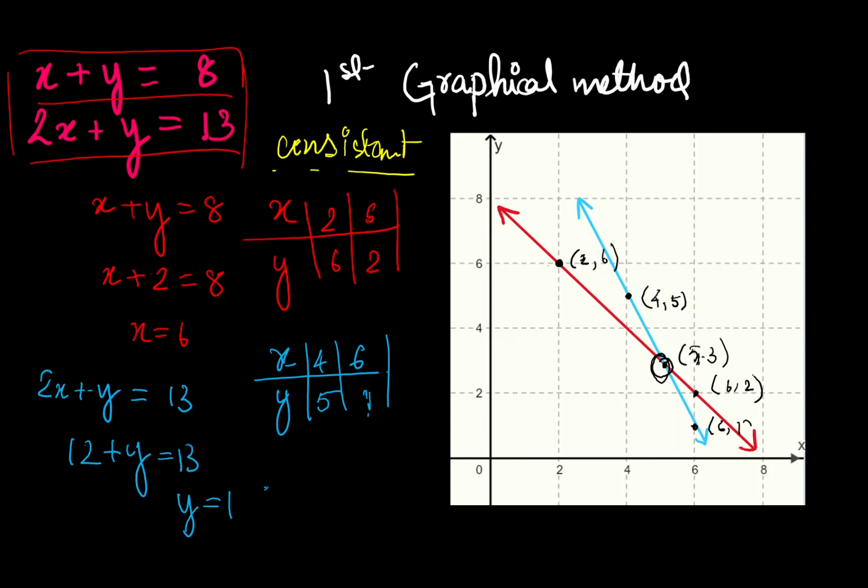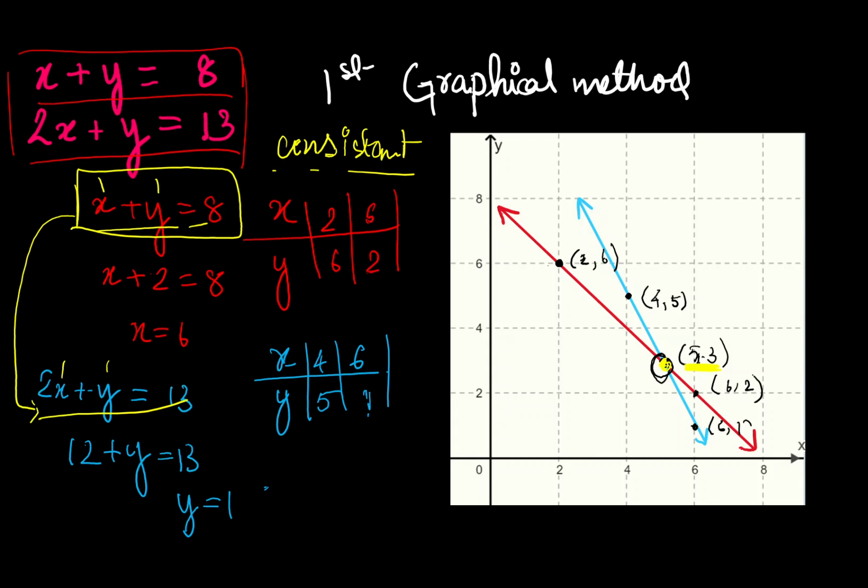Now, after we get the consistent graph and they intersect at this point, what does it actually mean? This (5, 3) is the solution of these two equations. If you put 5 and 3 in both of them, they both satisfy each equation. As I told you in the previous video, we can't find unique values for x and y from one equation alone until we have a second equation, and we can do that by this graphical method.